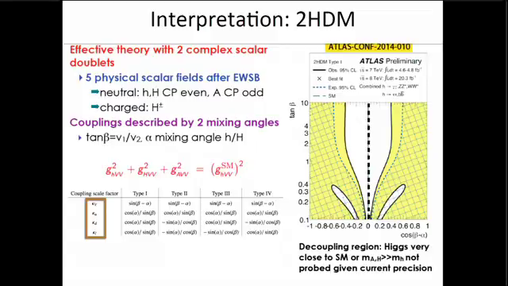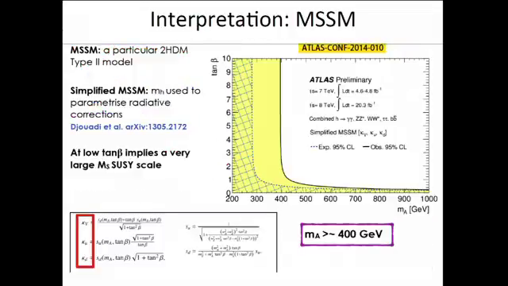So just from this measurement of the different kappa_V, kappa_U, and so on, you can set limits in the plane tan beta and cos(beta minus alpha) for this model. And so you see that at low tan beta, almost everything is excluded except the standard model. And at large tan beta, you have this region still allowed.